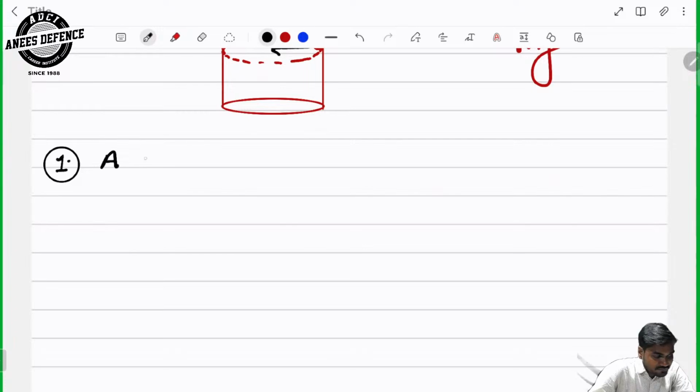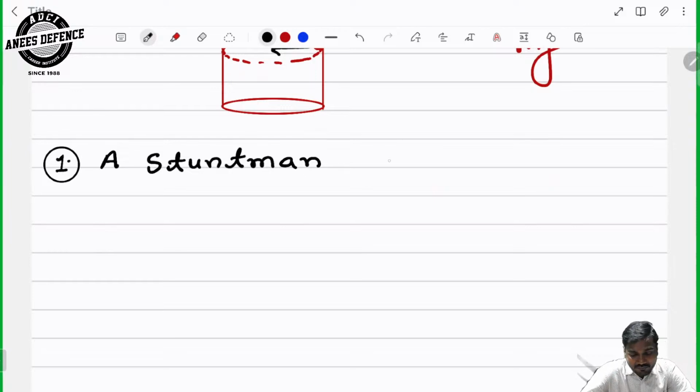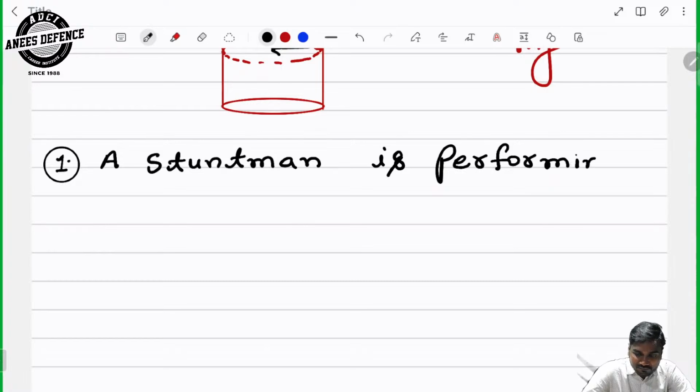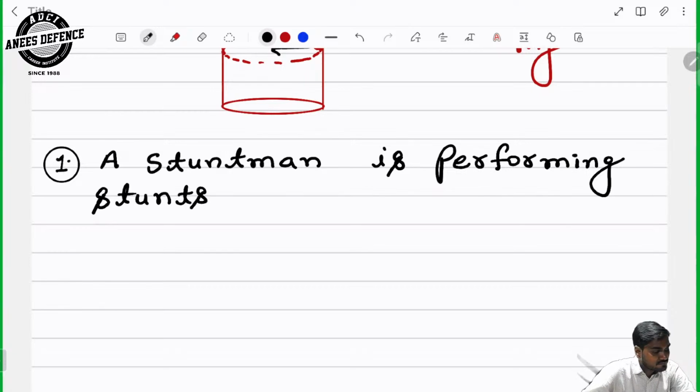A stuntman is performing stunts in the Well of Death.